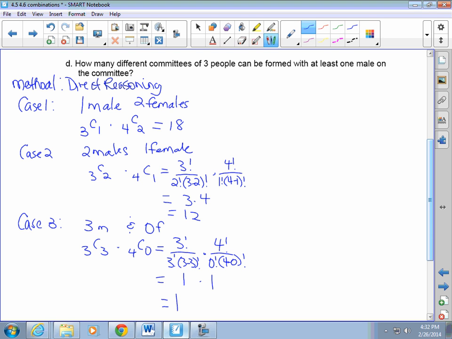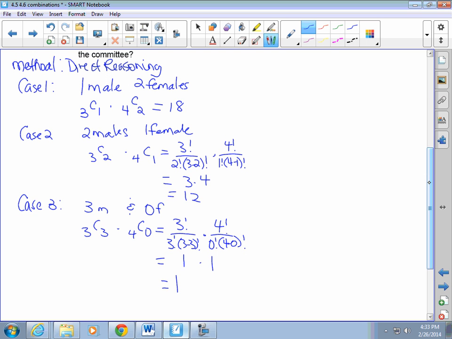So each one of these cases has at least 3 males, so that means I could have 1 male or 2 males or 3 males. Or, if you remember from set theory, "or" means I need to add. So I'm going to add my 1 male case to my 2 male case to my 3 male case.